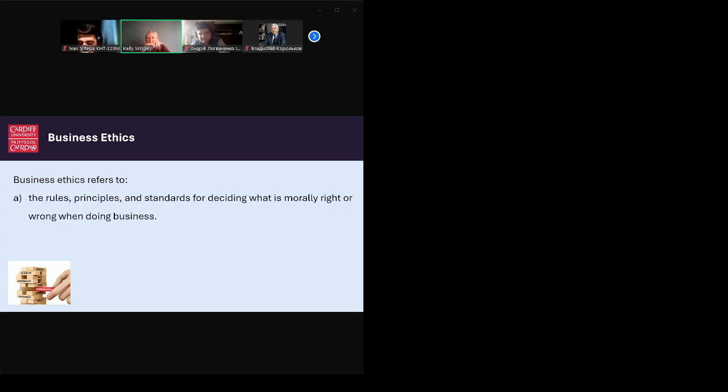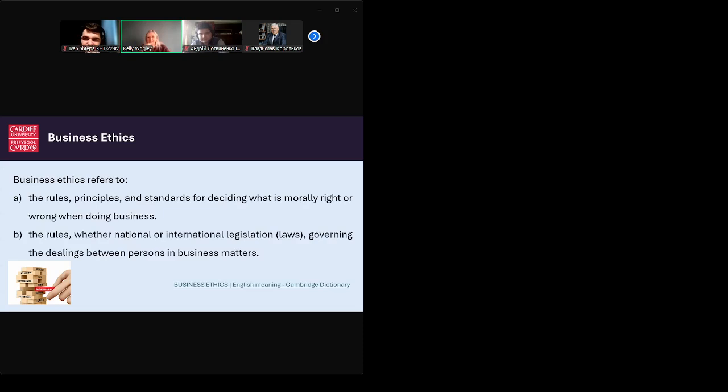Is it A or B? Take a moment and then could you add your answer to the chat? What do you think, A or B? They're quite similar, aren't they? But one of them is business ethics.